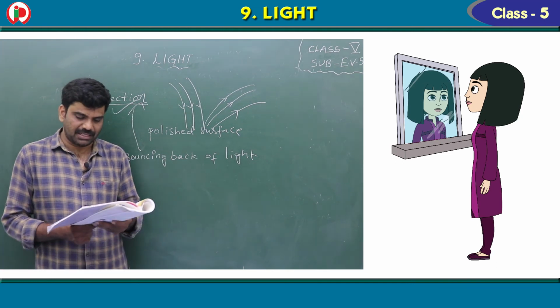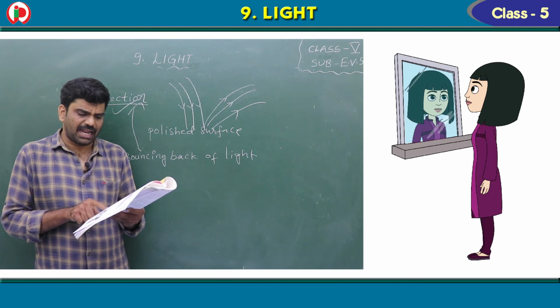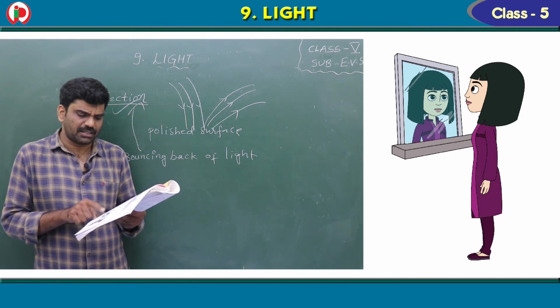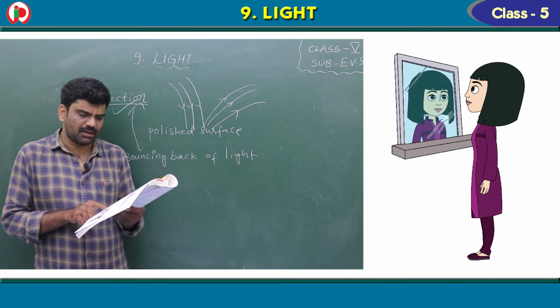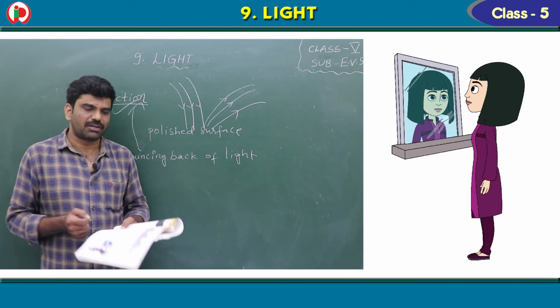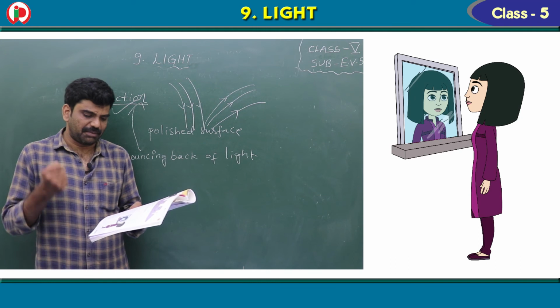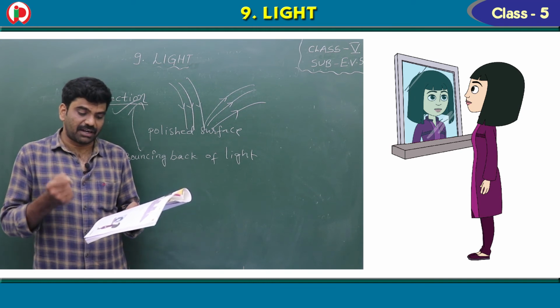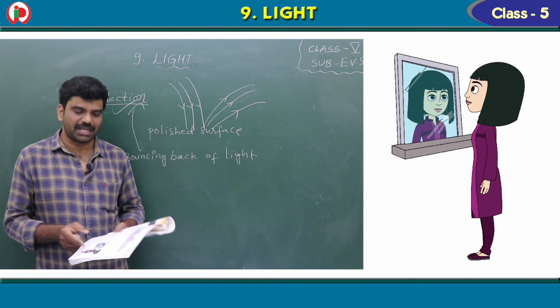Next one, they use light reflected from water bodies, mirrors and other reflective surfaces to capture pictures of natural landscapes and animals.